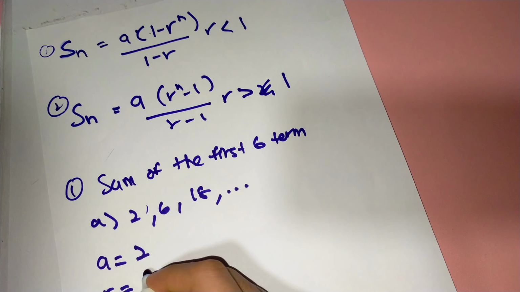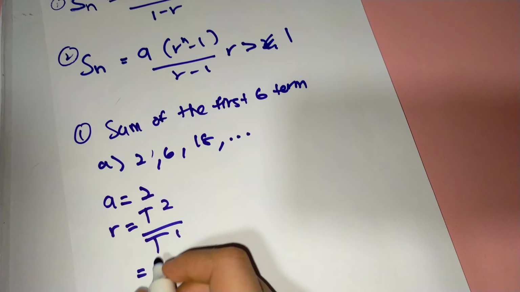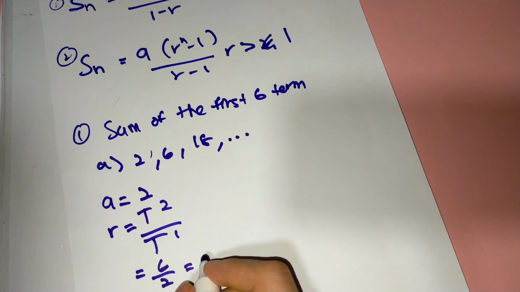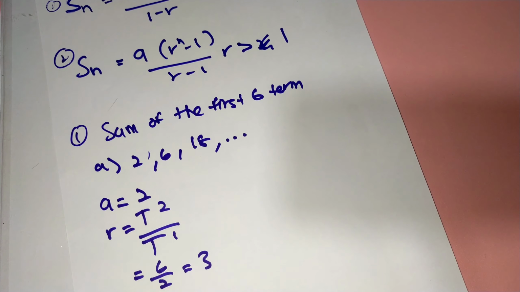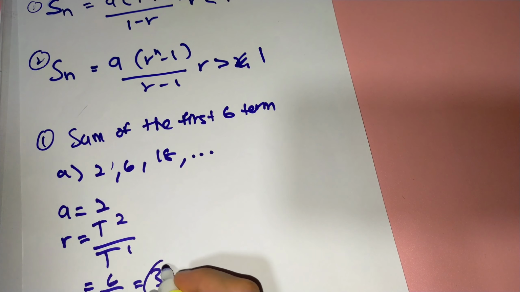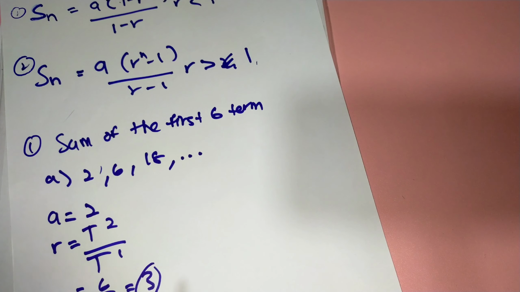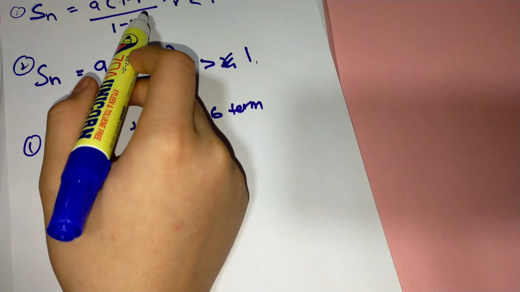We can find it like this, T2 over T1, 6 over 2, you will get 3. So R is 3. So the formula we will use is this one, because R is greater than 1. If the answer we get is below 1, like negative 1, we will use the first formula.